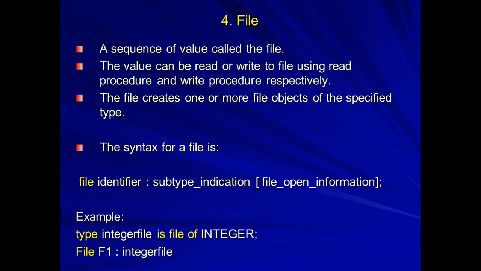Let's see an example. First of all, we have declared the type integer file is file of integer, which means we have declared an integer file which is of the type integer. Then we have declared the file f1 colon integer file. Here integer file is the type of the file f1.